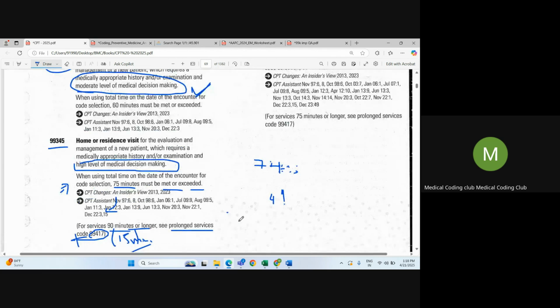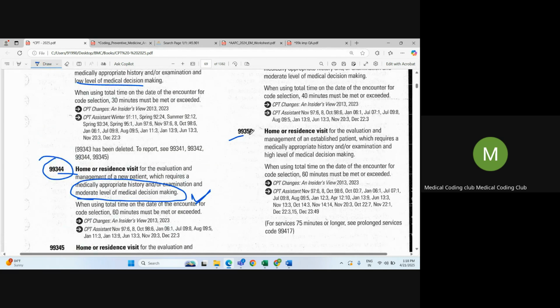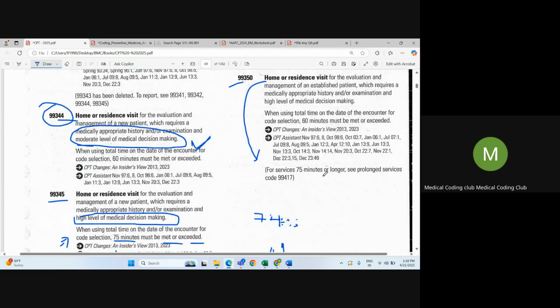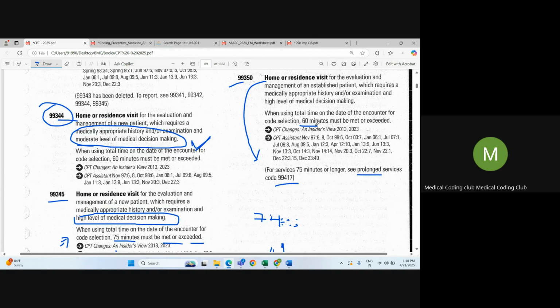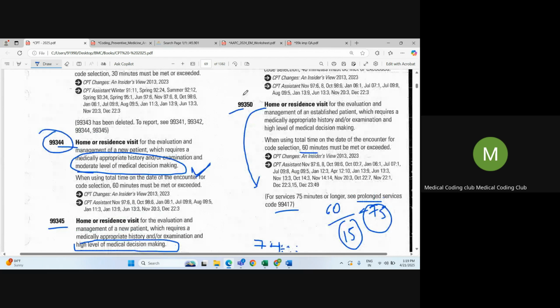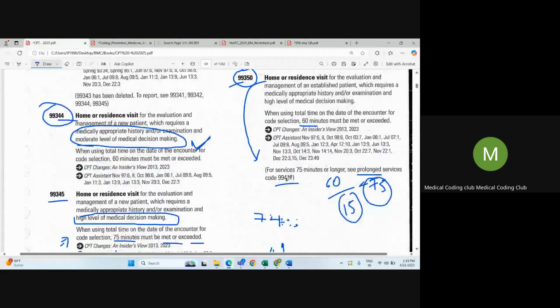In the same way, if the patient is established for a home or residence visit, for service of 75 minutes or longer, you report the prolonged service code 99417. If you get 60 minutes plus an additional 15 minutes, that is 75, so in this scenario you use 99350 with 99417 as an add-on code. This is how it works.